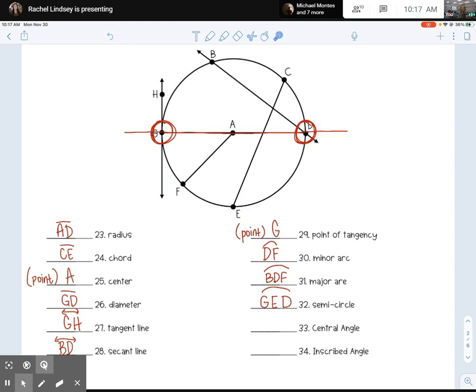Okay. So now, looking for a central angle. There are 2 central angles that I see right there that are pretty easy to see. But remember, the vertex is at the center, so this right here could be a central angle, right? So I'm going to say angle GAF.